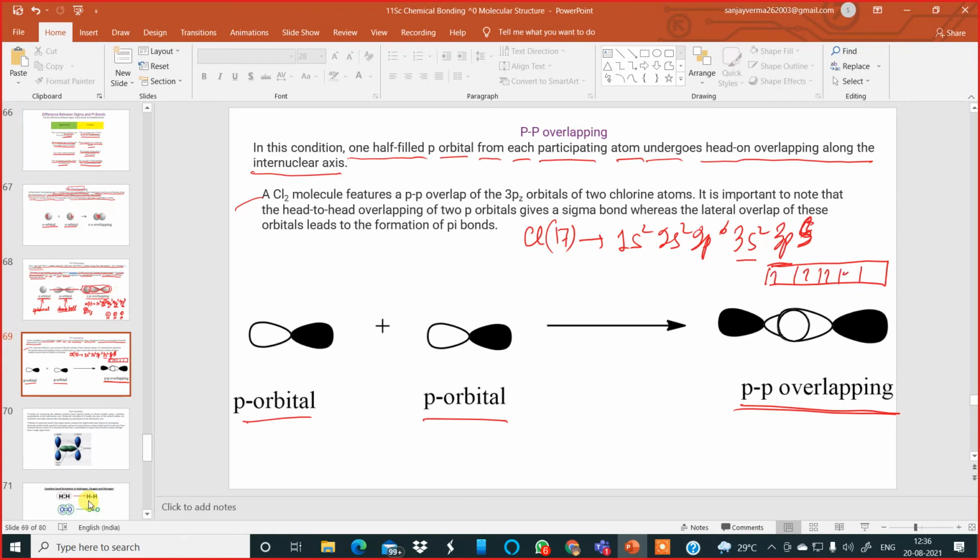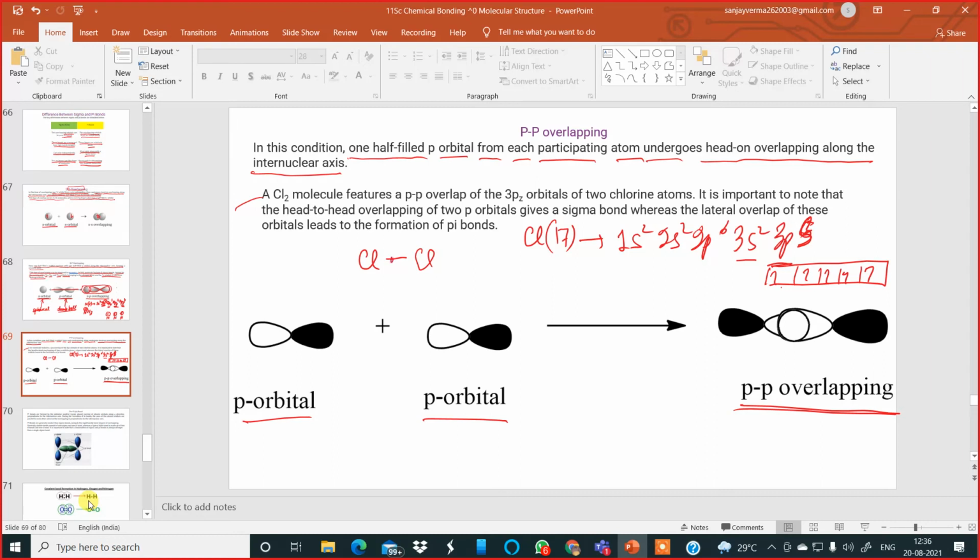And these electrons are occupying the orbitals singly. So when you form a chlorine molecule, there is sharing of electrons. One odd electron is shared, and then they overlap and form a single bond. That is how we get chlorine here, chlorine here.